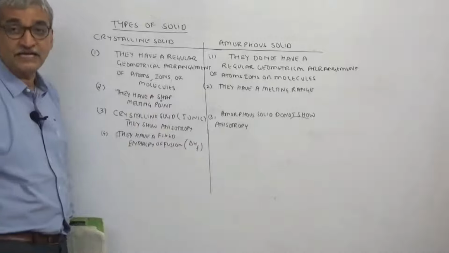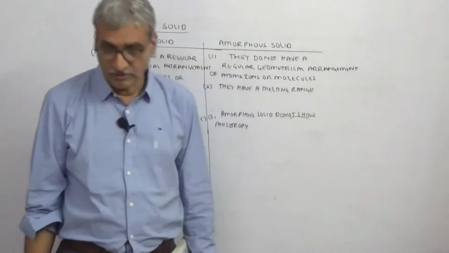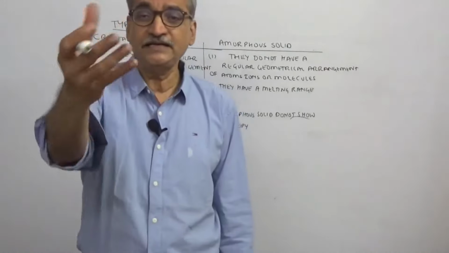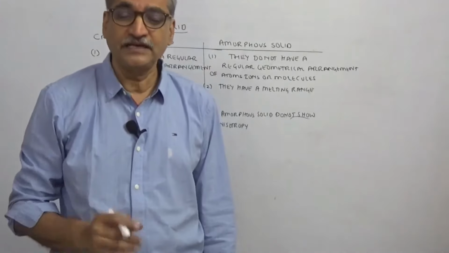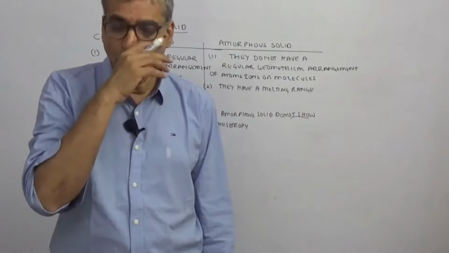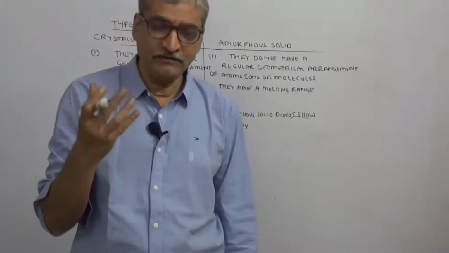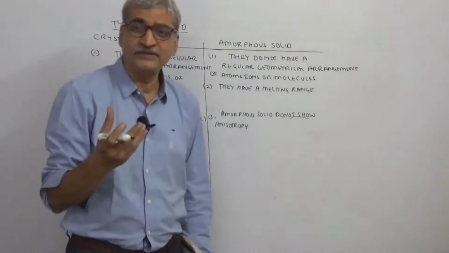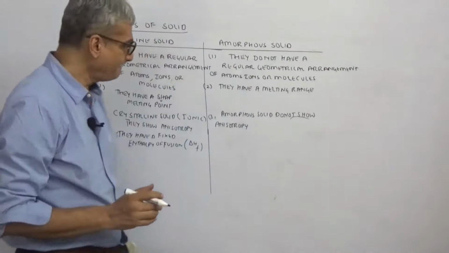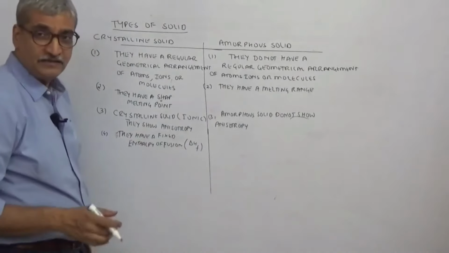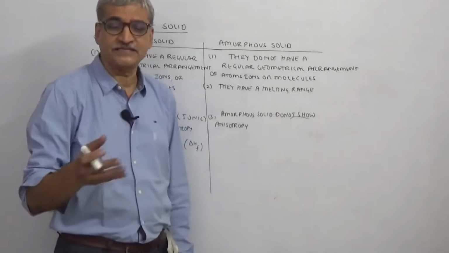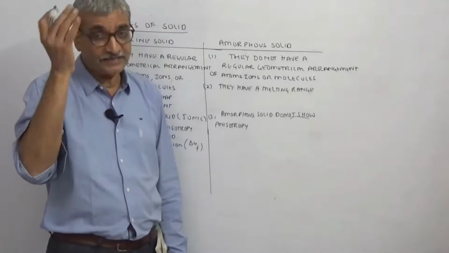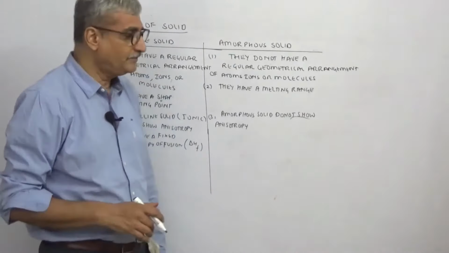That means what we call latent heat of fusion, that is for 1 gram. For 1 mole it will be enthalpy. I always told you that the word enthalpy means you are talking about 1 mole. Is this clear? So it will have a fixed value, for example the enthalpy of fusion of water is plus 6 kilojoule per mole. Remember it by heart, plus 6 kilojoule per mole.